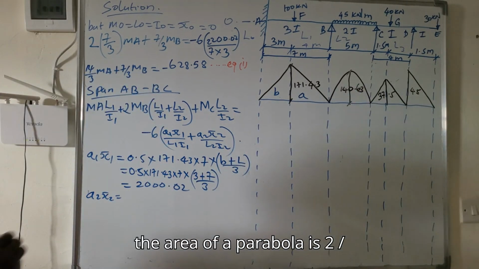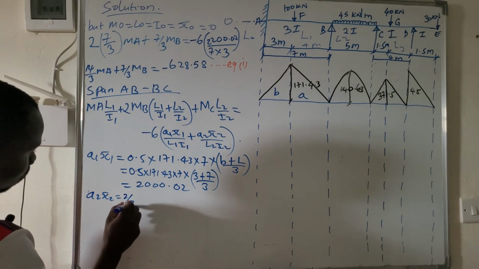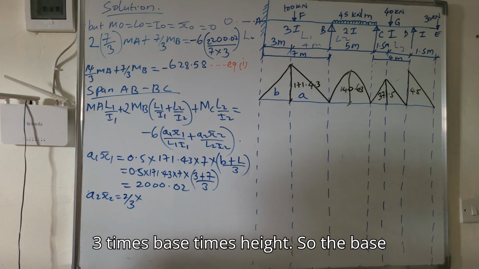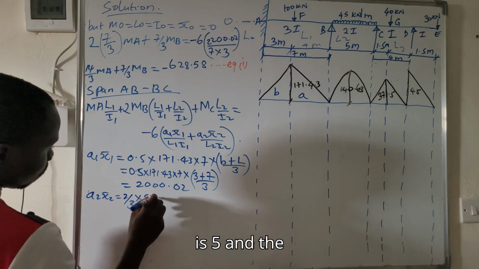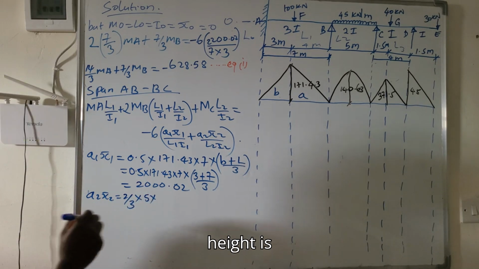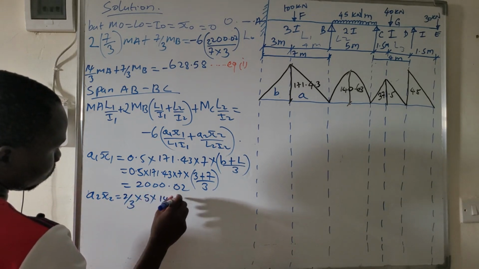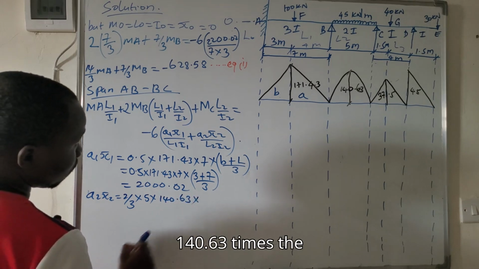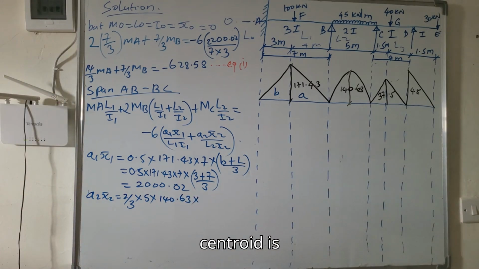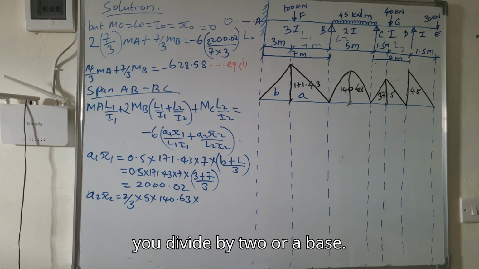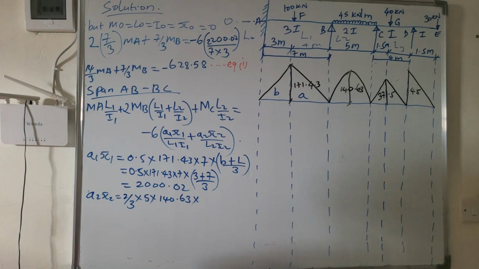The area of a parabola is 2 over 3 times base times height. So the base is 5 and the height is 140.63, times the centroid, which is the length divided by 2, or base over 2.